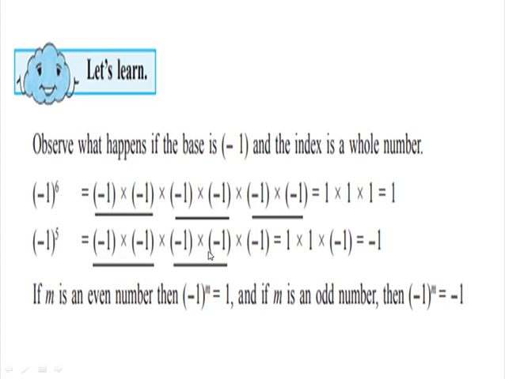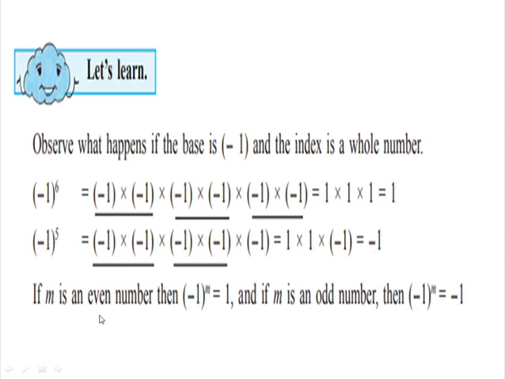Also in this pair negative 1 multiplied by negative 1 is also positive 1. So here you will get positive 1 multiplied by positive 1. Here you are getting two positive ones of these two pairs and this negative 1 we will write. Now 1 into 1 is 1, that is positive 1 multiplied by negative 1 is negative 1. Now here what you are getting, if index is an odd number, the answer is negative 1.